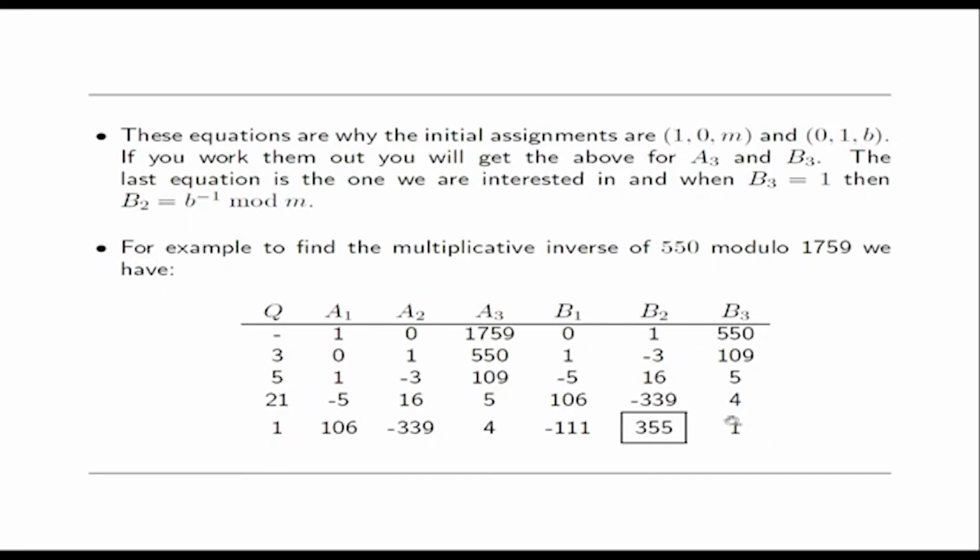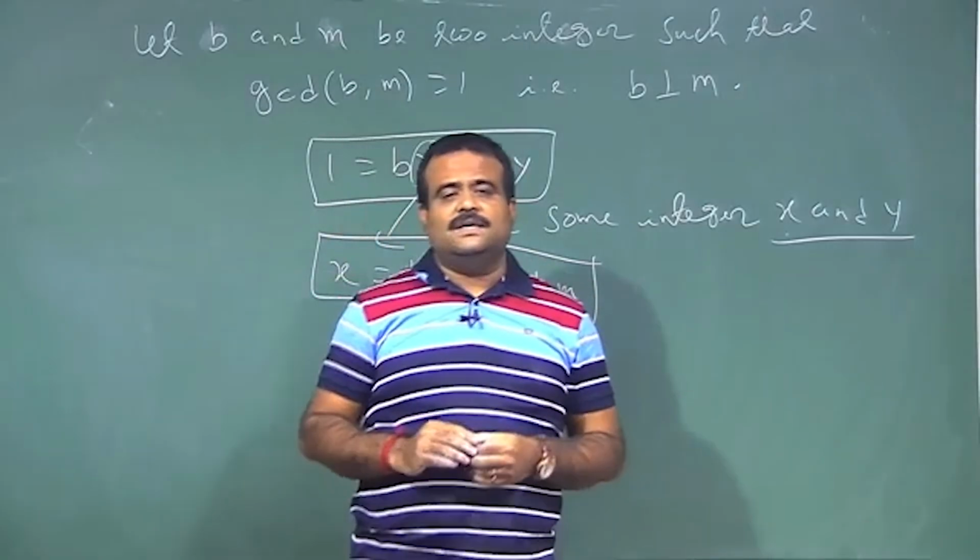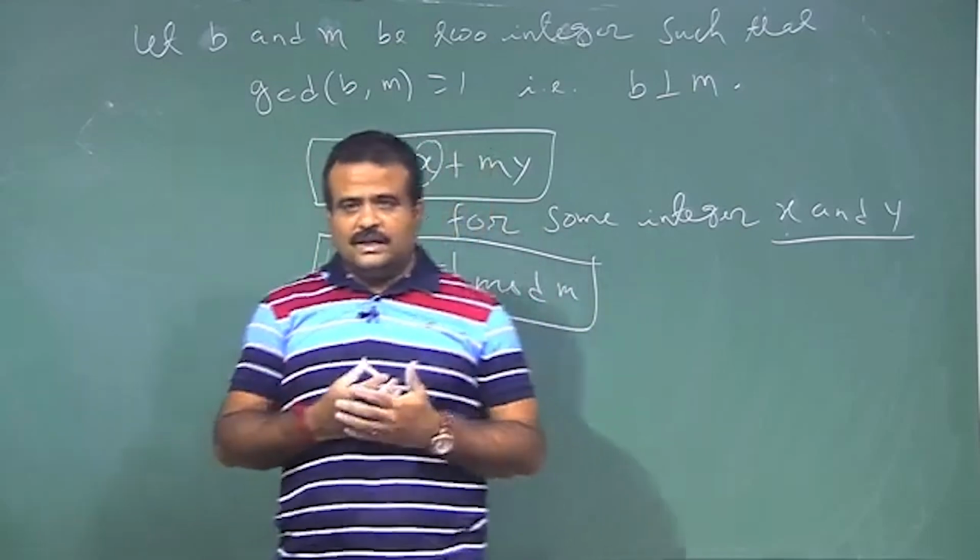If B3 becomes 1, then the GCD is 1, and the corresponding B2 is the inverse, B inverse mod m. Okay. So, this is just the execution of this code. Basically, we are doing the Euclid algorithm, and finally we get the GCD.